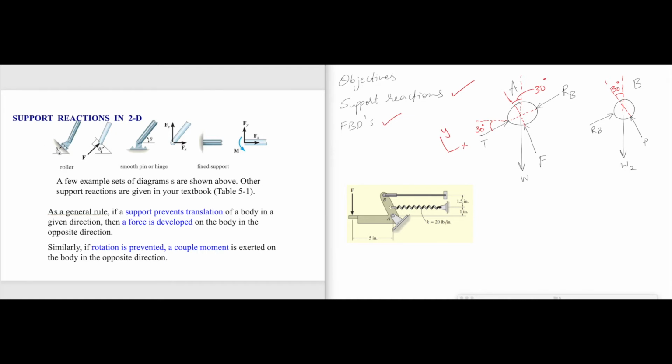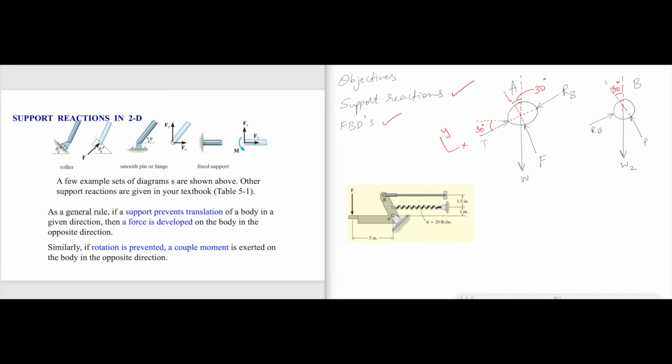For example, here, you see this is a roller on an inclined plane. What happens to a roller on an inclined plane? It is free to move along the inclined plane, but it is not free to move into the inclined plane.